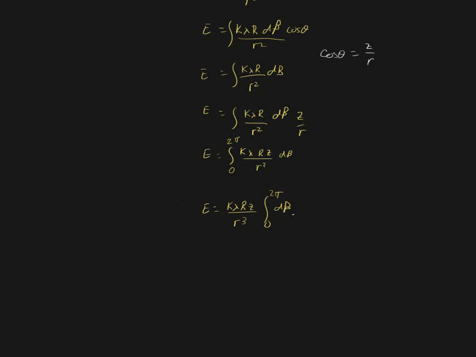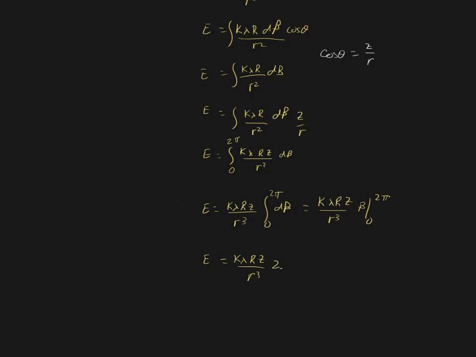And the integral of d beta is just beta. So we end up with k lambda R z over little r cubed times beta evaluated from 0 to 2 pi.